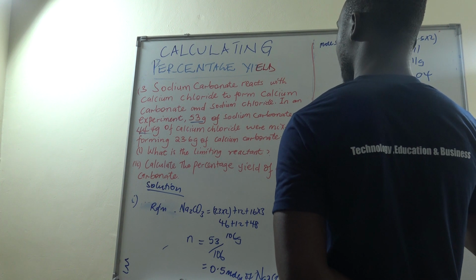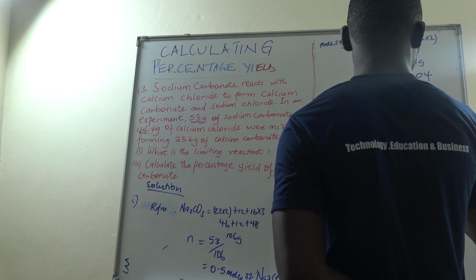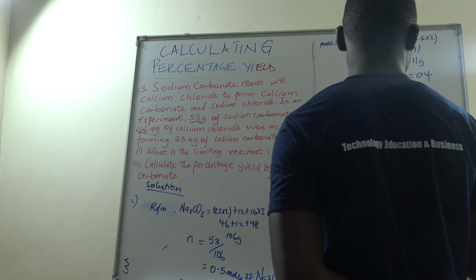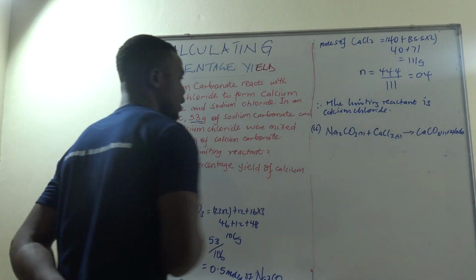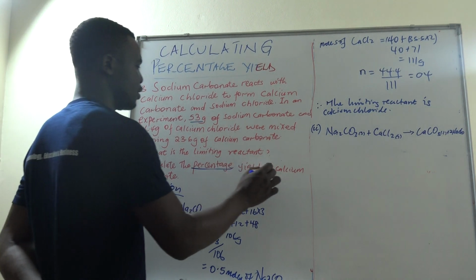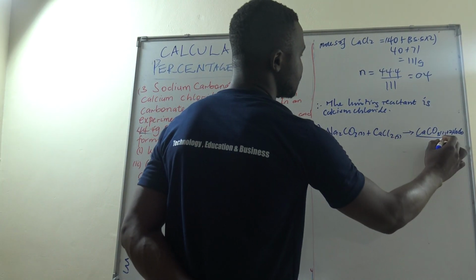It forms calcium carbonate plus sodium chloride, which is also a solid. Now, they need the percentage yield of calcium carbonate, which is here.